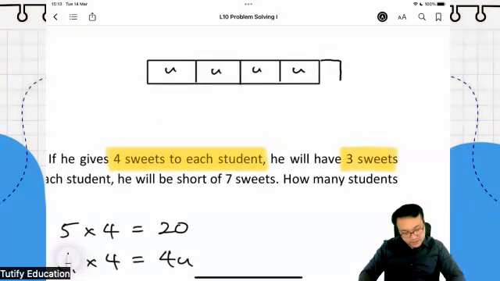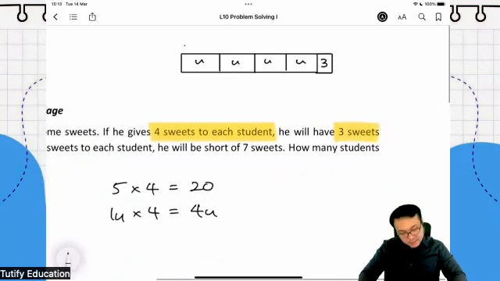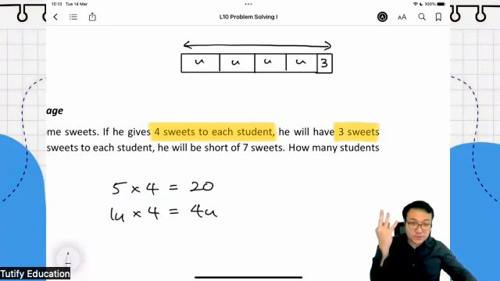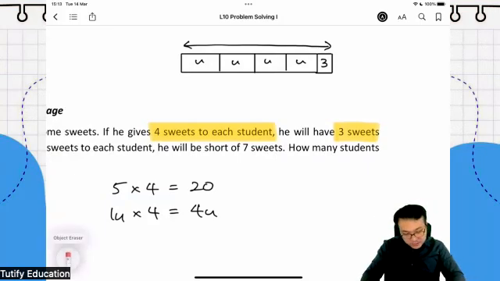Yes, I'll have 3 sweets left. So this is the total number of sweets that the teacher has. Am I right? Yeah. Okay, because when he give 4 units of sweet, he have 3 sweets left. So this is the total sweets that the teacher has. Okay?